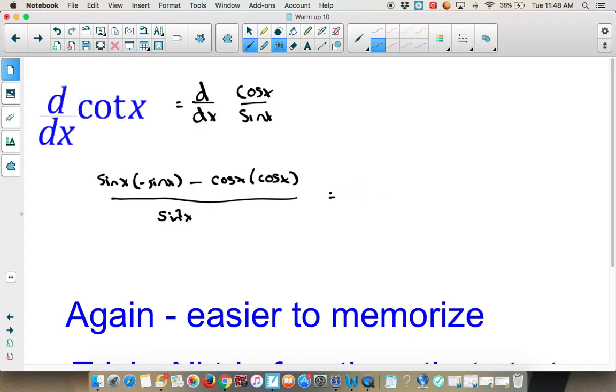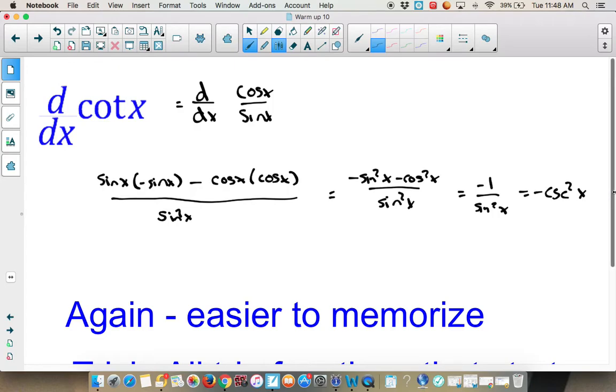Okay, this one ended up being with both terms negative, negative sine squared x minus cosine squared x over sine squared x. So that ends up being negative 1 over sine squared x, which is negative cosecant squared x.